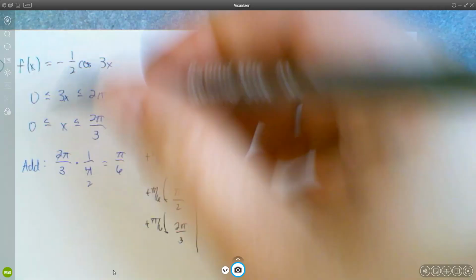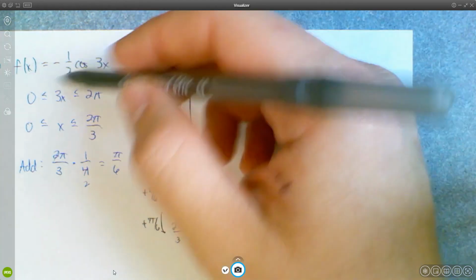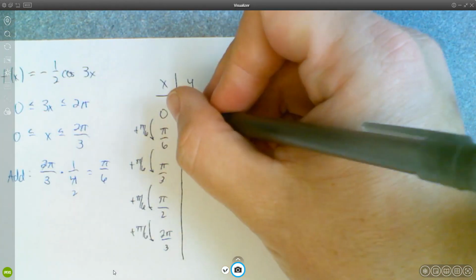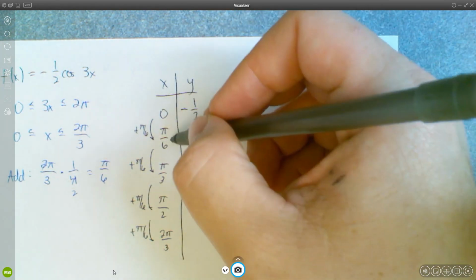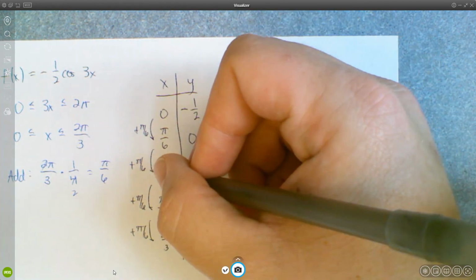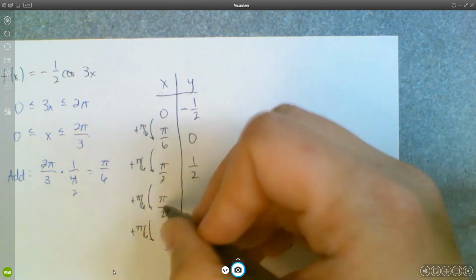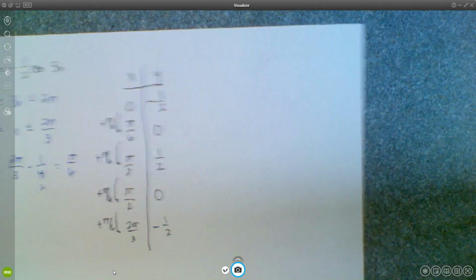Okay, so we've got those. Now, we've got to also multiply our outputs by -1/2. So for the cosine function, we usually start at 1, but since we're multiplying by -1/2, we're going to have a -1/2 there. Here we would be back to 0. Here we would be at -1, but -1 times -1/2 is +1/2. Here we're at 0, and then here we're back at -1/2 where we started.